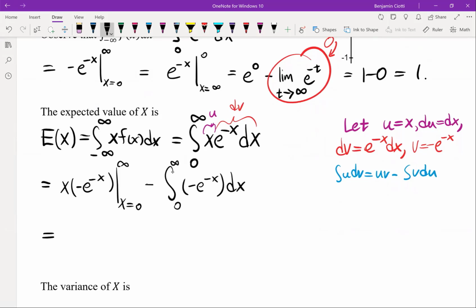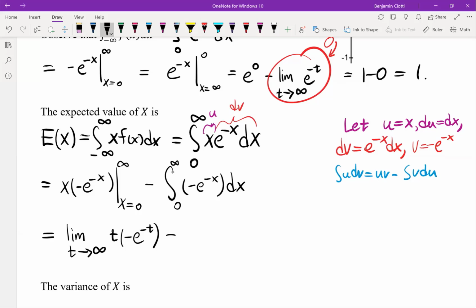Okay, let's see. In order to evaluate this term, when I plug in infinity, I guess I better use the limit again. So that'll be the limit, say as t goes to infinity of t times negative e to the negative t.